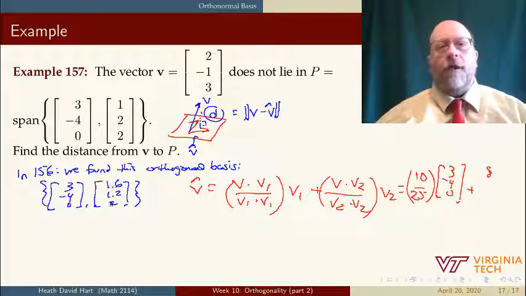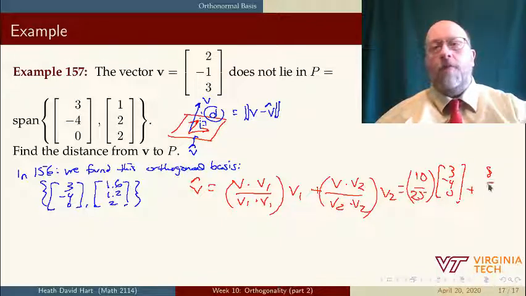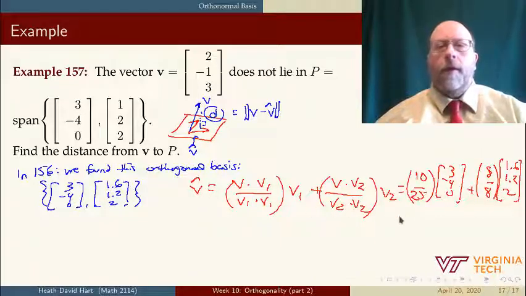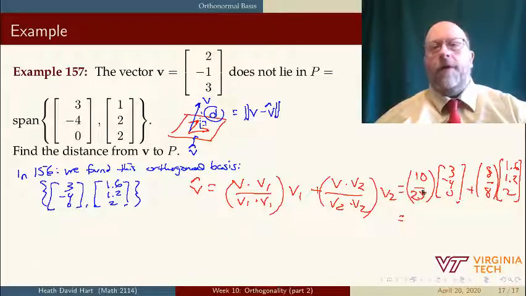Over this vector dot product itself turns out to also be 8. Times 1.6, 1.2, and 2. Let's see. So 10 over 25 is 2/5.